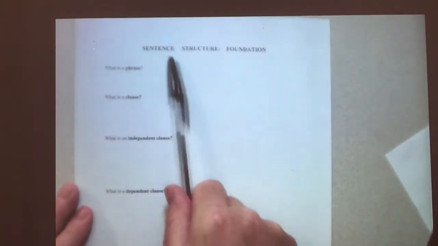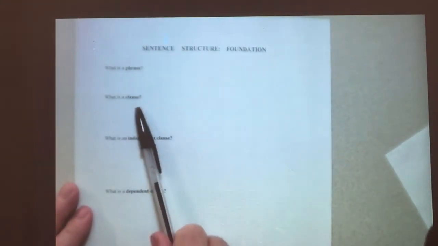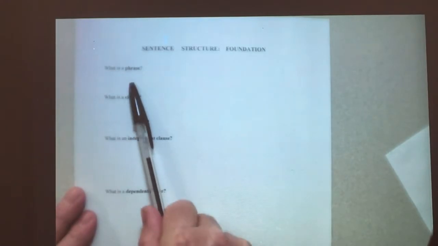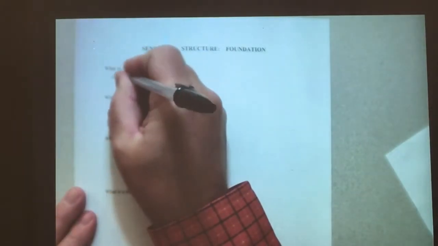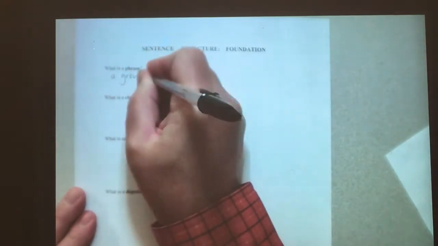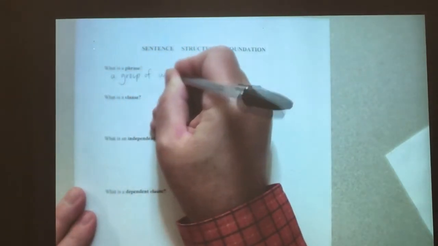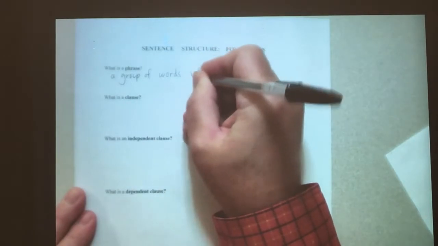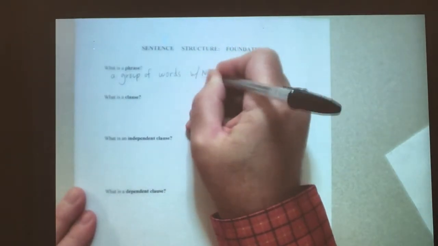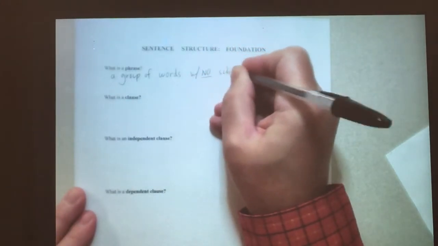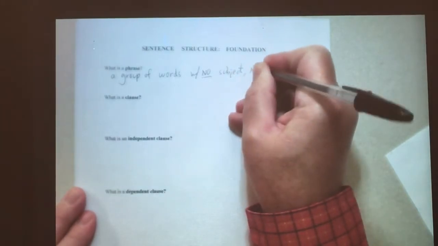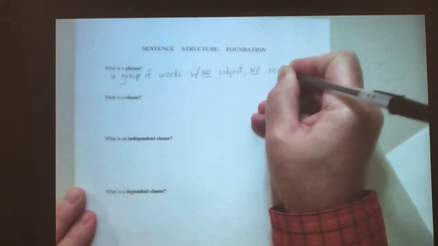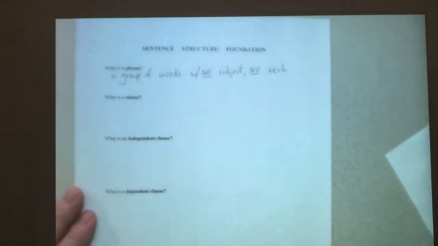So looking inside of sentences, we can find phrases and clauses. What is a phrase? A phrase is a group of words with no subject, no verb.